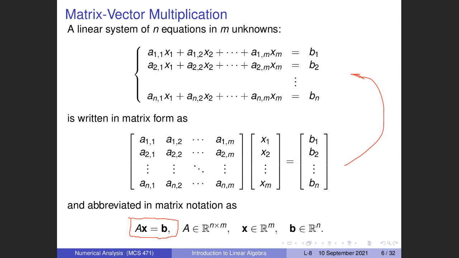The shorthand notation of a linear system is then simply denoted by A times x equals b. To make the distinction that x and b are not numbers but vectors, we write them in bold. This notation is extremely convenient, certainly when the number of equations and the number of variables increase. You do not want to write everything down.